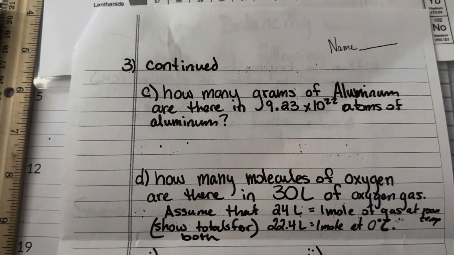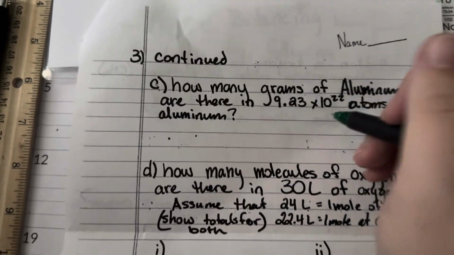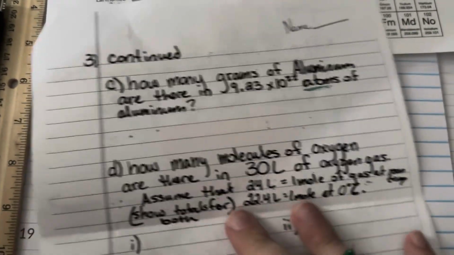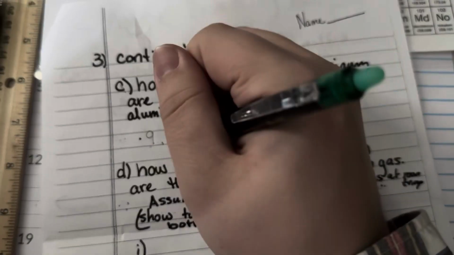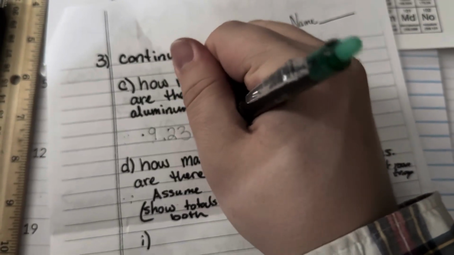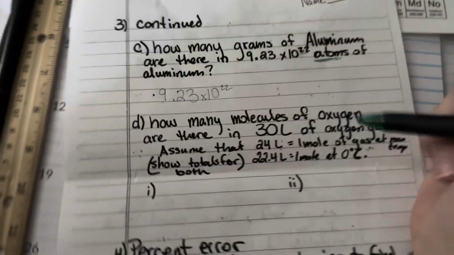Okay. Now this one's going to be a little bit of fun, because now they're saying we're starting with atoms. So we're going to still write it the same. So we're going to write 9.23 times 10 to the 22nd. It says 22nd. Careful with that.